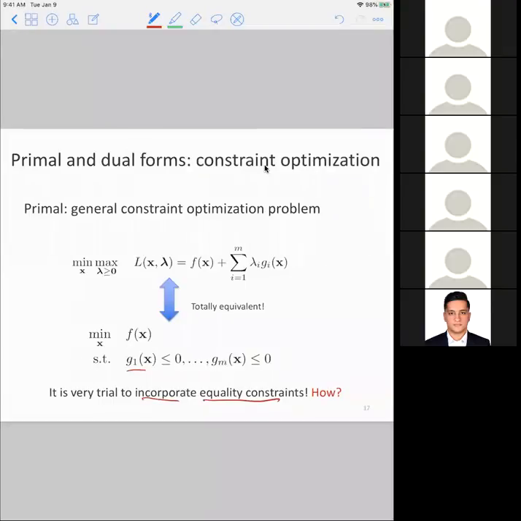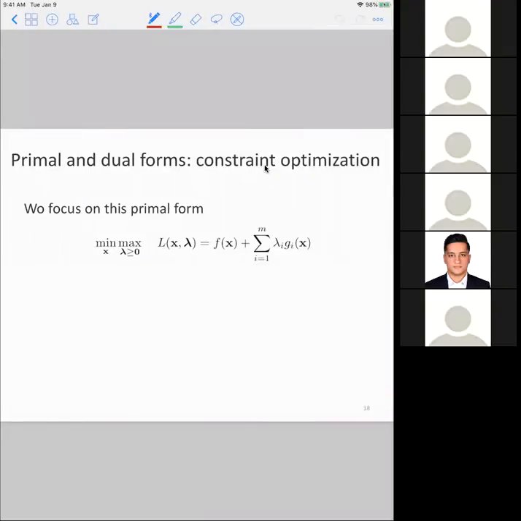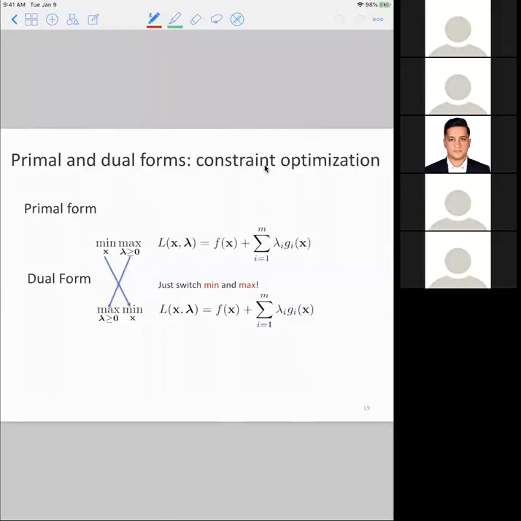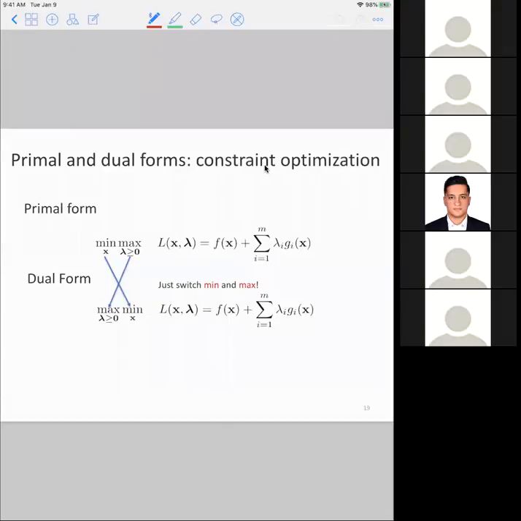So we focus on this primal form, right? But what is the dual form? The dual form is just switching the position of min and max in the primal form. In the primal form, in the inner level, we maximize the Lagrange function with respect to lambda, the multipliers.